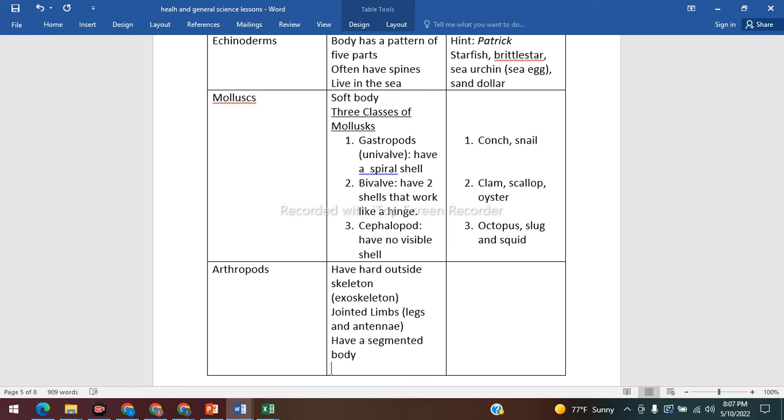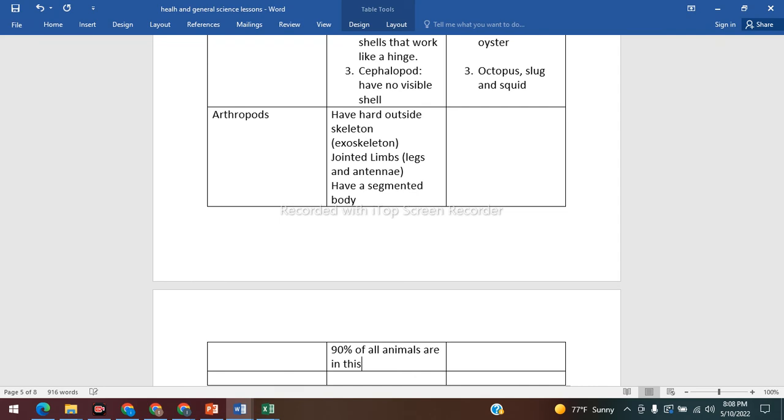And 90% of all animals are in this phylum. Wow, that's a lot. That's basically all. So 90% of all animals can be an insect, a crustacean, a myriapod, or an arachnid. That's incredible. Yes, that is incredible.